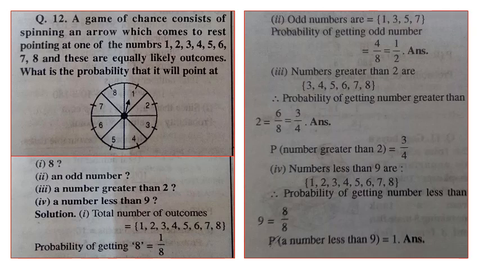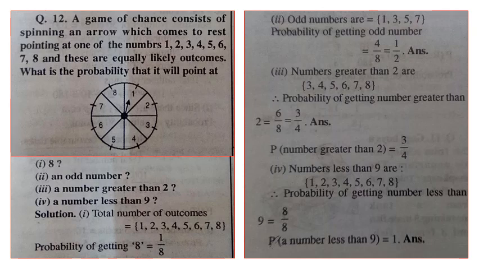Question number 3, numbers greater than 2. The numbers greater than 2 are 3, 4, 5, 6, 7 and 8. There are 6 numbers greater than 2. So the probability is 6 by 8, that is equal to 3 by 4.